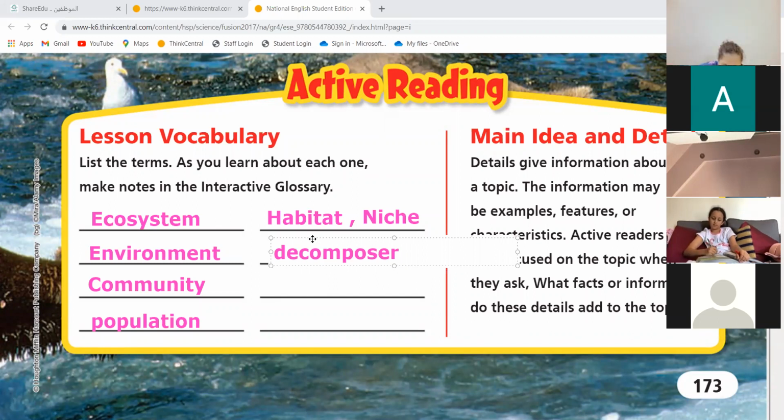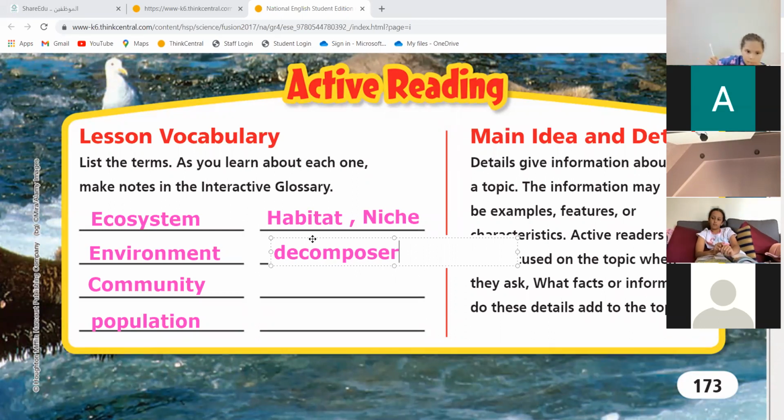A decomposer is a living thing that breaks down waste and the remains of plants and animals for energy. Excellent. For energy or for food.